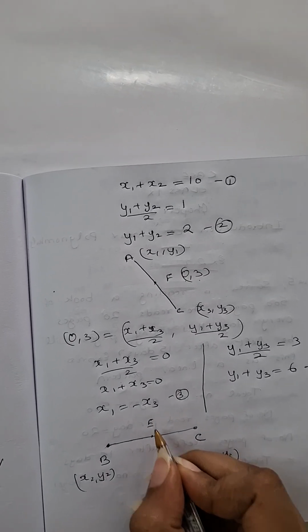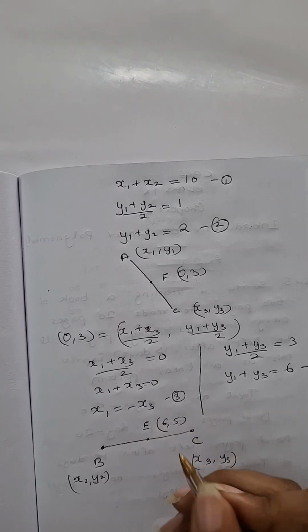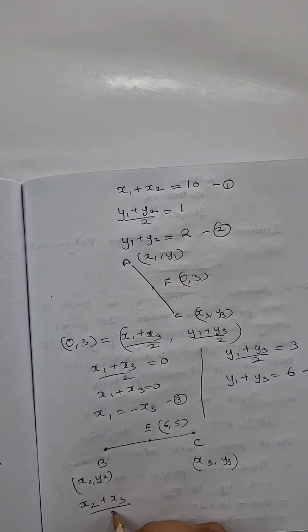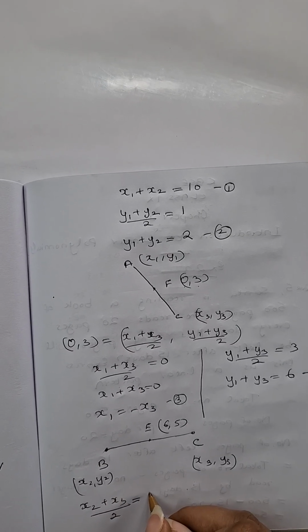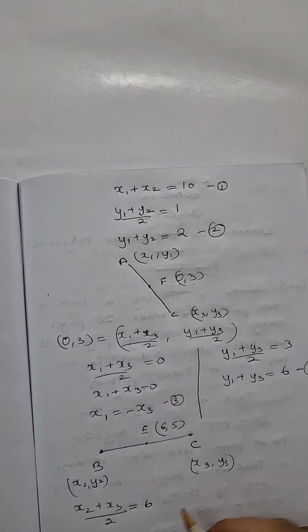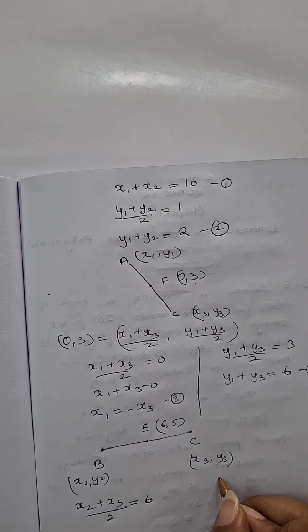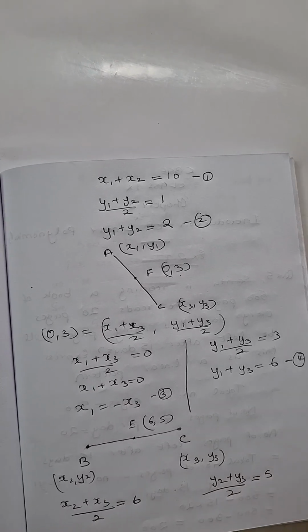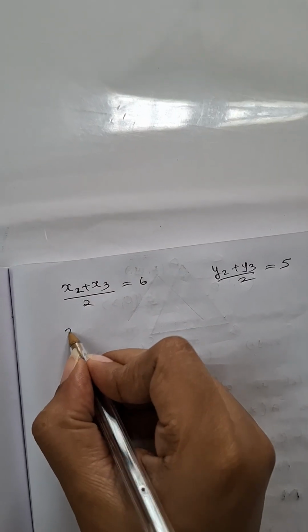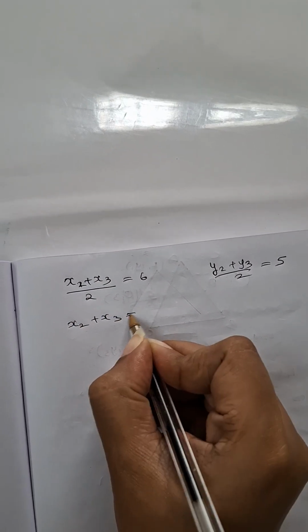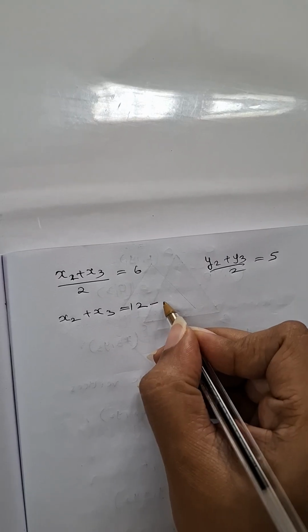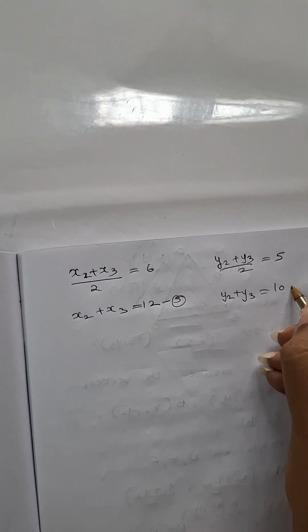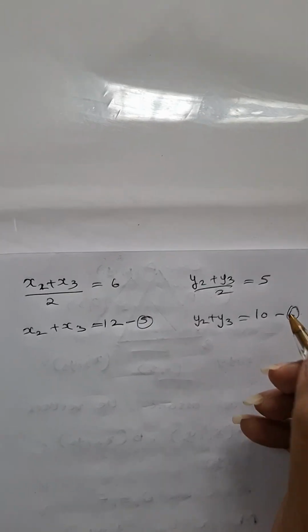Midpoint is E, that is (6, 5). So x2 plus x3 by 2 is equal to 6. y2 plus y3 by 2 is equal to 5. Again cross multiply. x2 plus x3 is equal to 12. Equation 5. y2 plus y3 is equal to 10. Equation 6. So let's write all the equations.